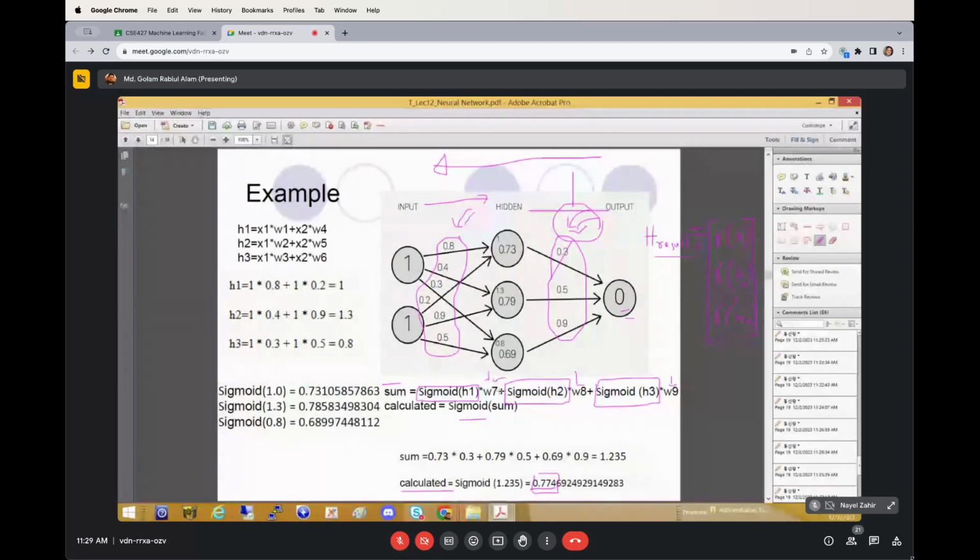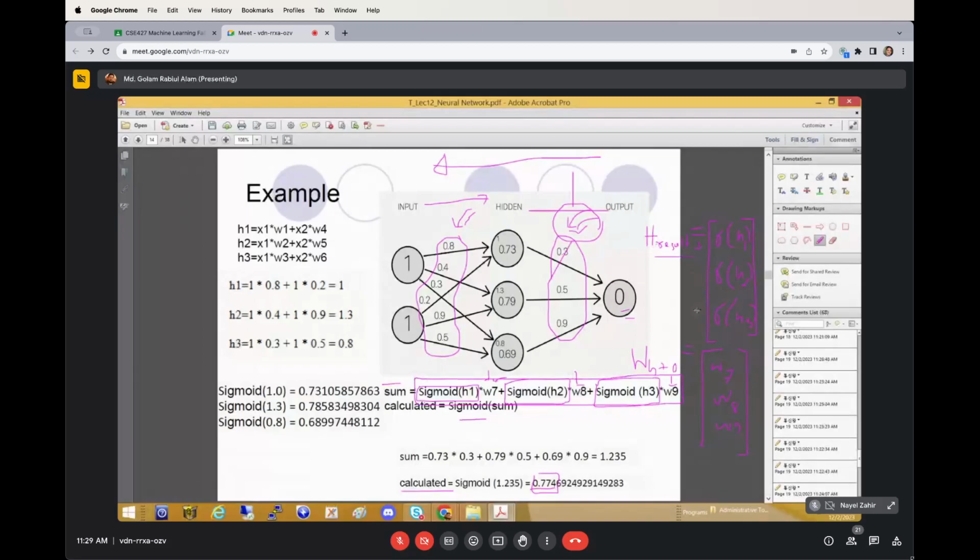If we consider that these are the weights of the hidden to output units, the W7, W8, and W9 vector, then we can form this equation using the multiplication of these two vectors, H results and WHO.